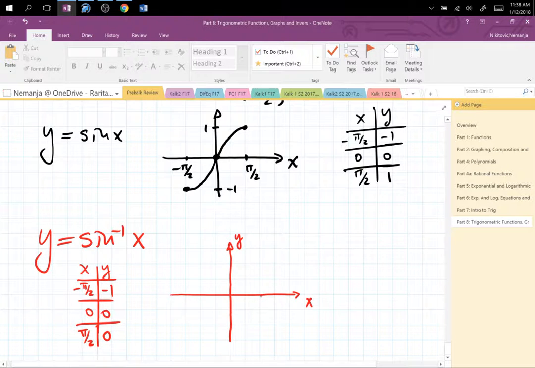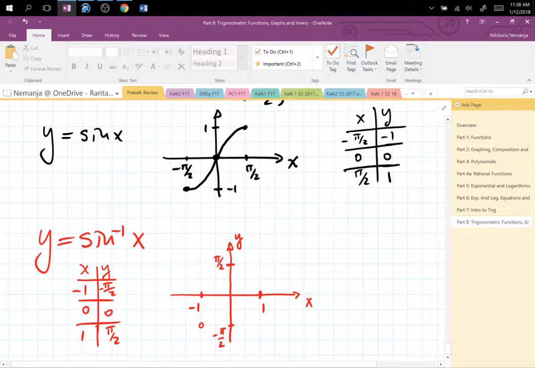X-axis now. I did this thing wrong. I forgot where I stopped. So when you swap, this is negative 1, 0, 1, and negative pi over 2, 0, pi over 2. So here we have negative 1 and 1 on the x-axis now, and pi over 2 and negative pi over 2 on the y-axis.